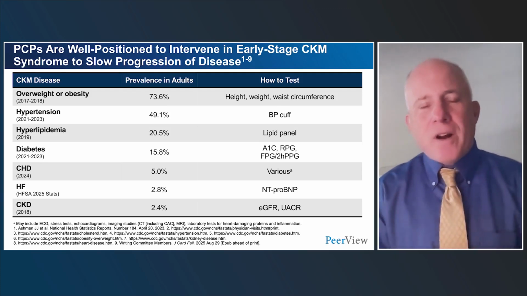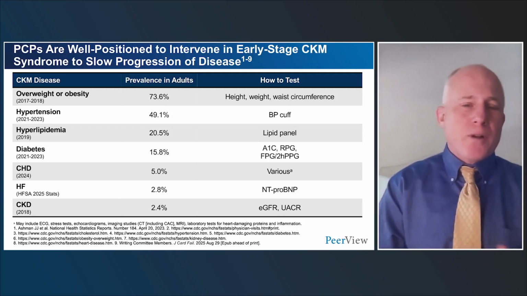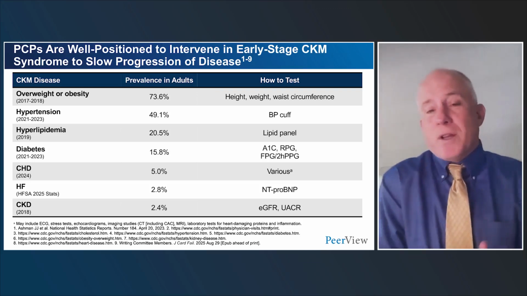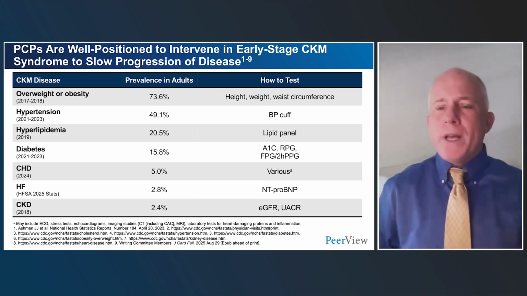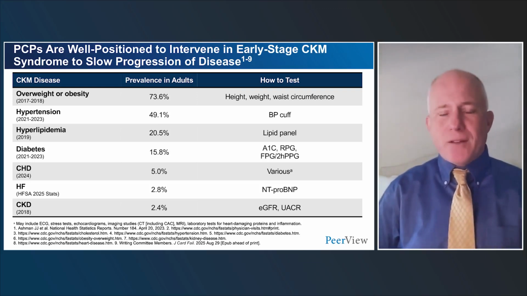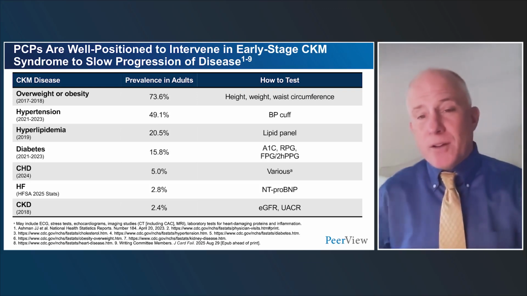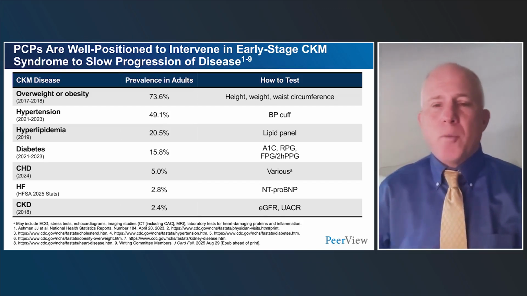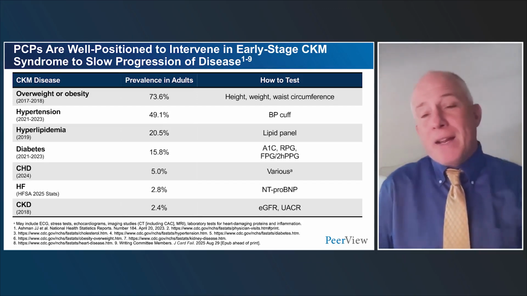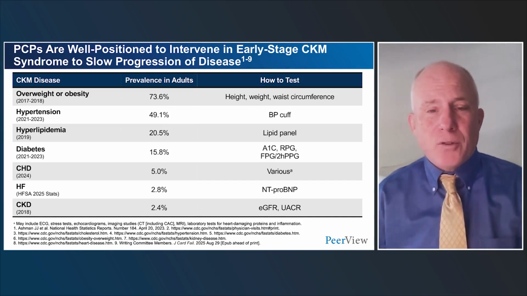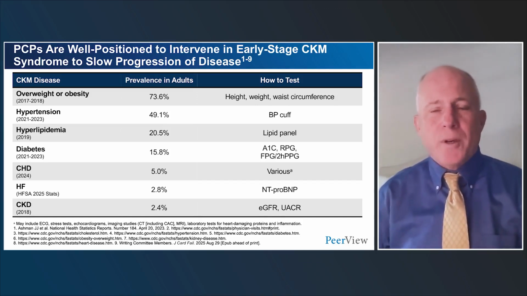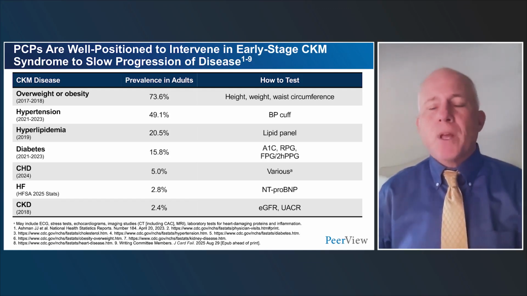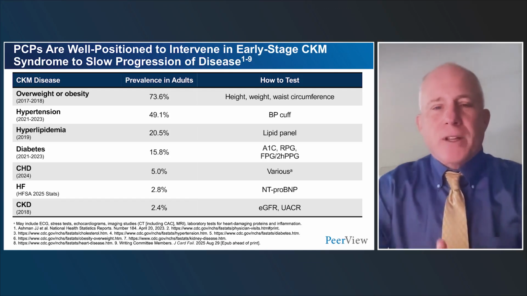And so let's go to that far hand side and look at the prevalence of people with each of these conditions. We know that most of our adult population has overweight or obesity, and we could be doing things objectively to stage that. We certainly use the BMI, but we could be looking at waist circumference and even visceral adiposity as ways to measure it. We know with hypertension, we could do a better job with people doing home blood pressure monitoring or doing the proper monitoring in the clinic.